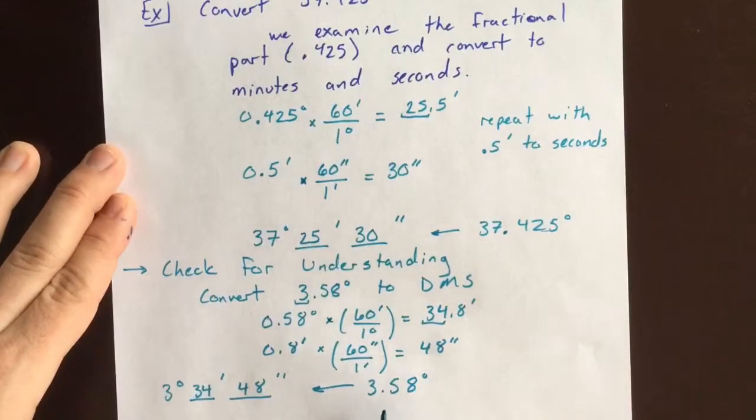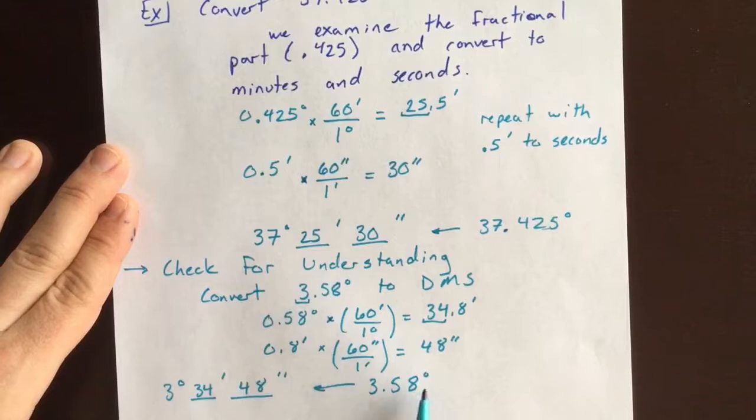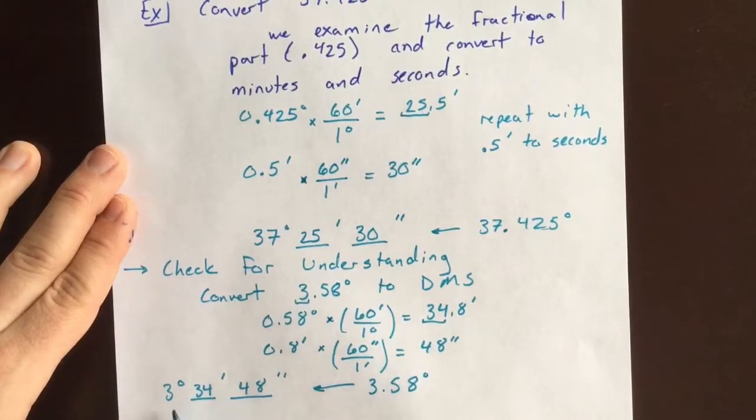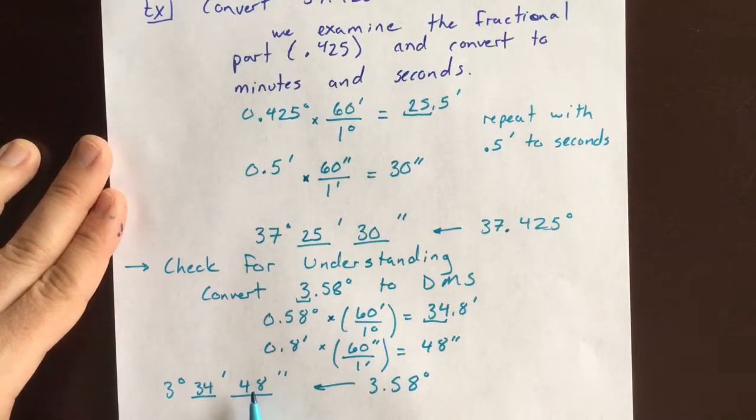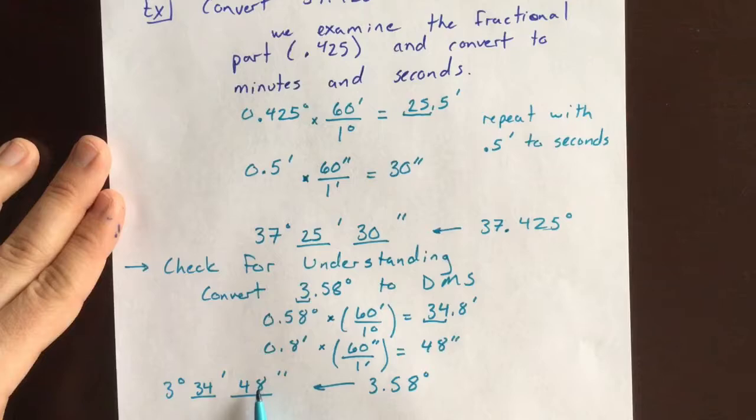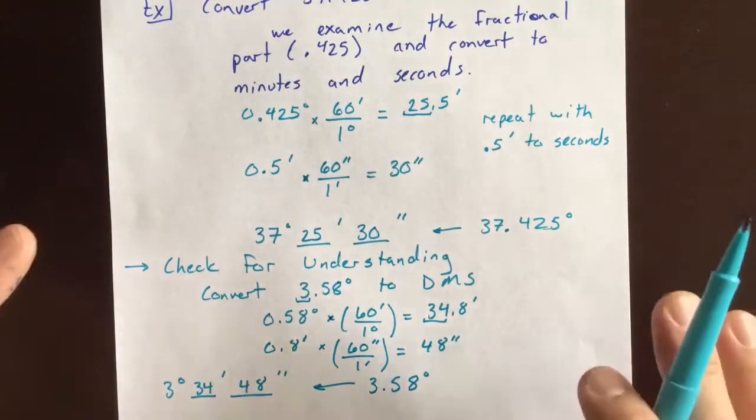Okay, so you should have found that converting 3.58 degrees, it is 3 degrees, 34 minutes and 48 seconds. How'd you do? So when you come in, we're going to be practicing this more.